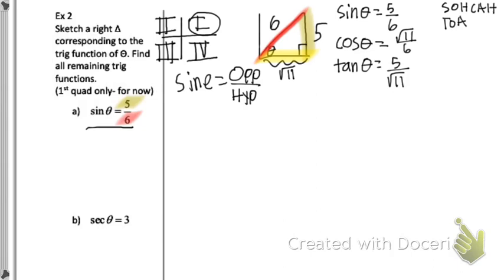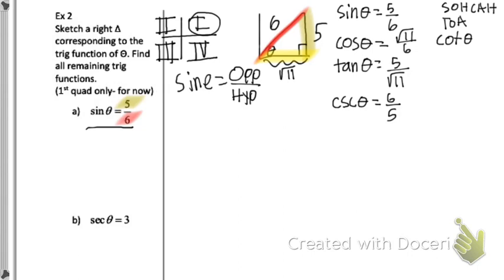Now let's find the reciprocal trig functions. So cosecant of theta. Since sine theta equals 5 over 6, cosecant will equal 6 over 5. Now cotangent of theta.